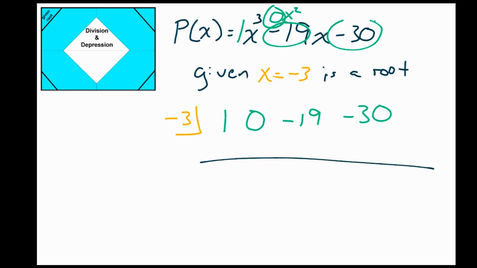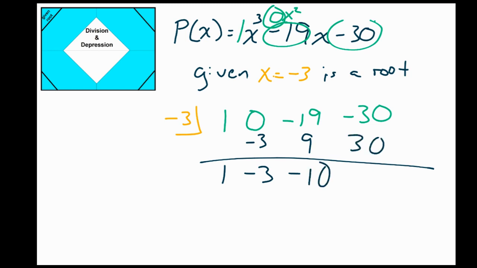That's that 0 that was written down. But now I'm going to do this process of division where you bring down the first number, and after you bring it down, you multiply. And after you multiply, you add. Remember, you add these numbers, and then the process starts over. You're going to multiply here, and then add, and finally multiply and add.